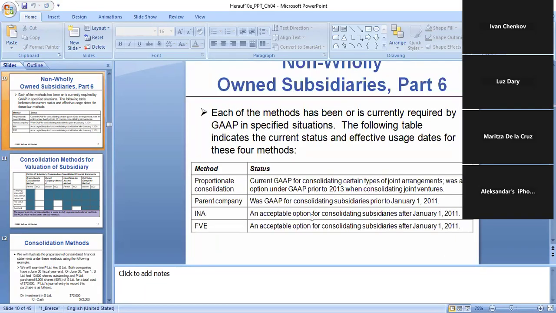The proportional consolidation method was an option prior to 2013 when consolidating certain types of joint arrangements, so now it doesn't exist. The parent company method was the generally accepted method for consolidating subsidiaries prior to January 1st, 2011, so now it's gone. Do we have to spend time on those? Probably not.